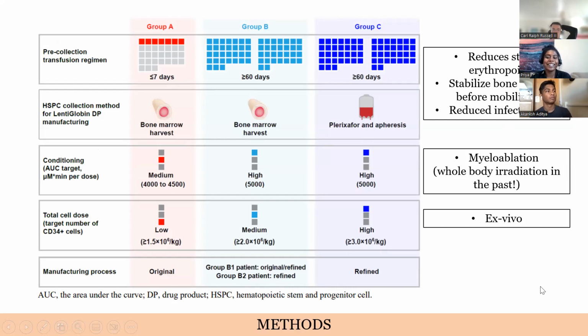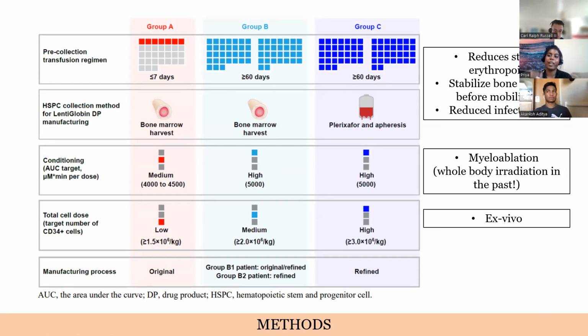Okay. All right. So these are the 3 groups. One main change is how long the transfusion regimen was before the collection of the cells. This is really important because it reduces stress erythropoiesis, the process I described where a lot of red cells are getting lysed.